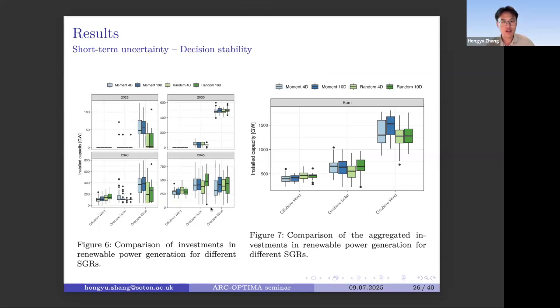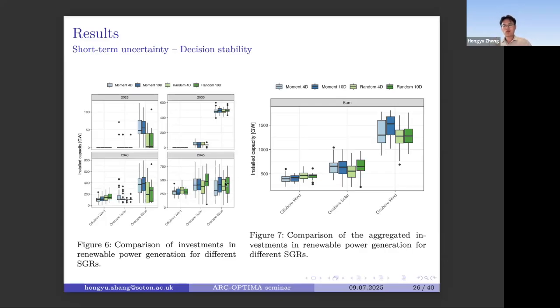As you can see, it varies quite a lot in both random sampling and moment matching, especially towards the future.